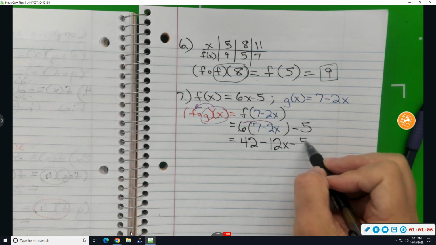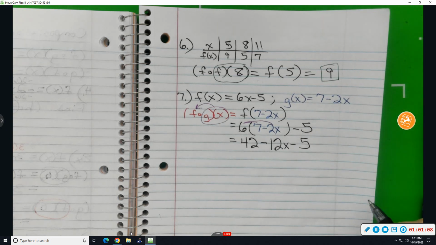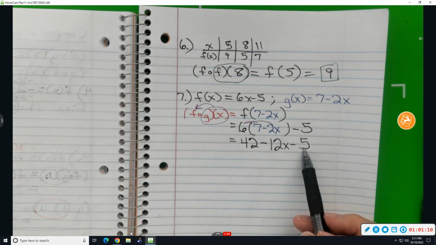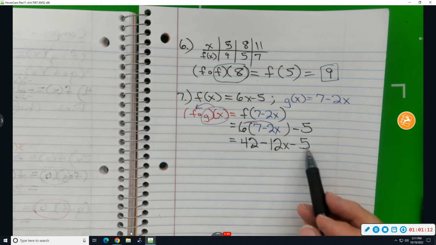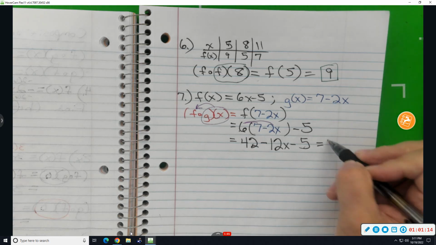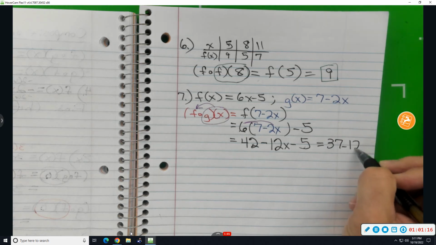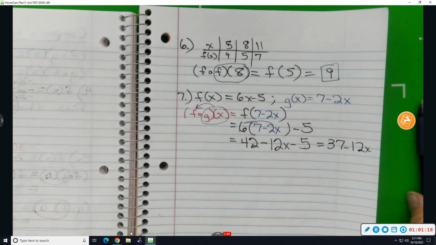And we still have the minus 5. Well, we can combine the 42 minus 5. 42 minus 5, that's a 37 minus 12x for f composed with g.